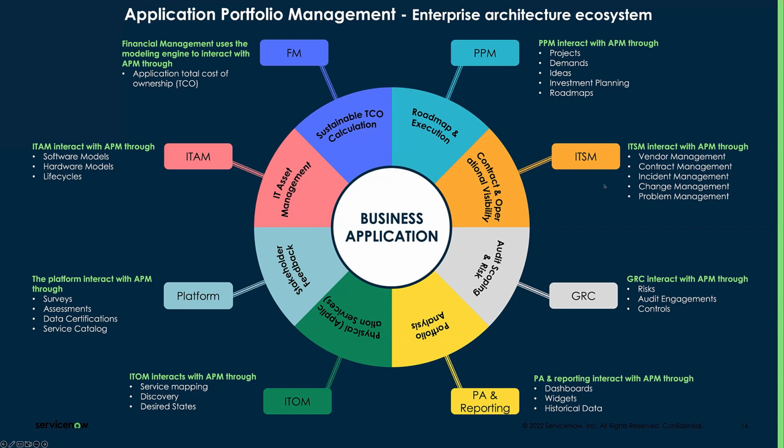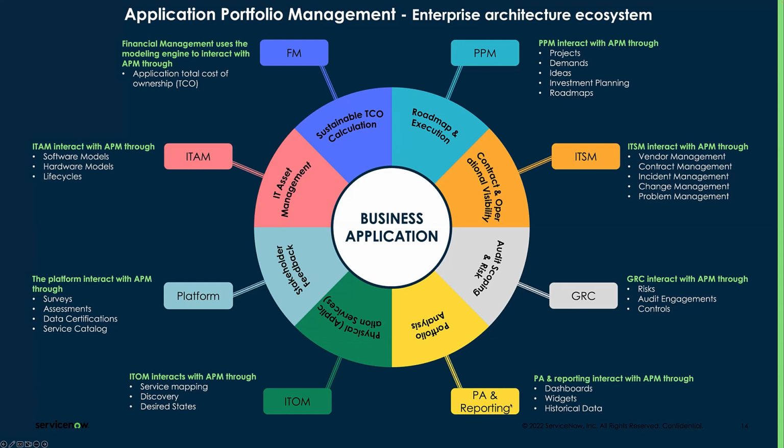Then ITSM, incident, problem, change, contract, vendor, all of these things are part of the visibility that are tied into business applications and the APM. GRC, the risks, integrated risk management, audits, scoping, risks, all of those sort of things.